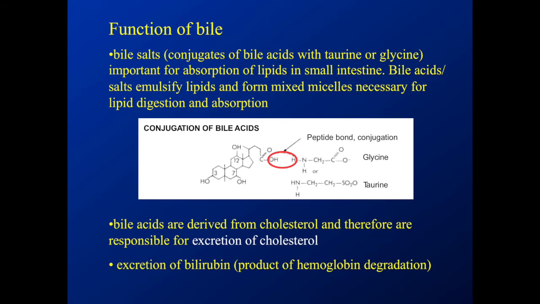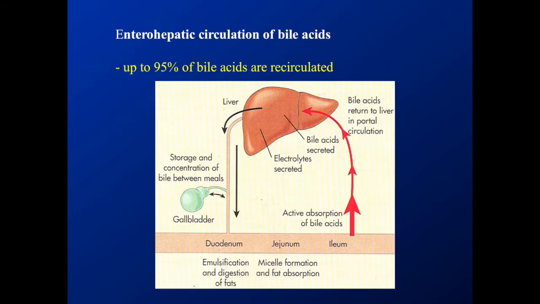And also the function of bile is the excretion of bilirubin, which is a major product of hemoglobin degradation, and passing this into the GI tract is one way that the body excretes this substance.